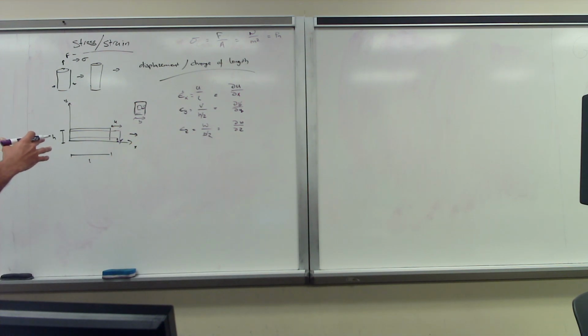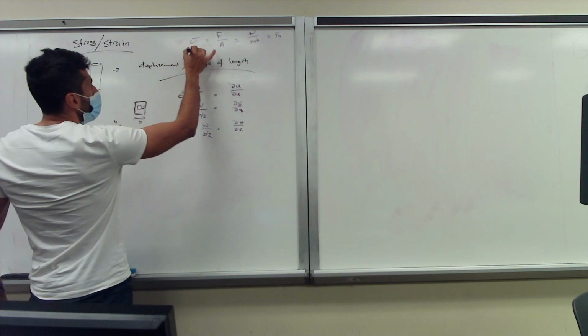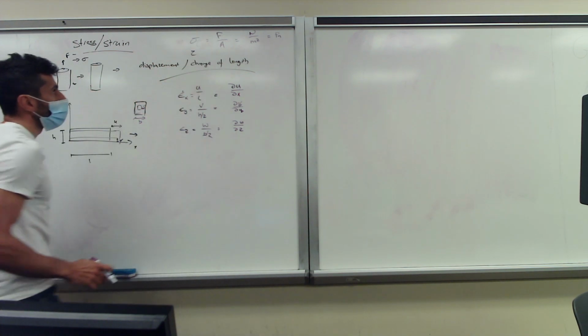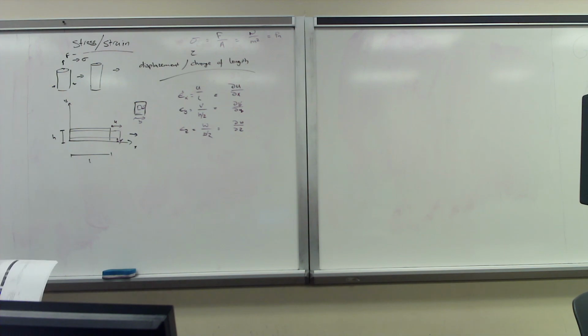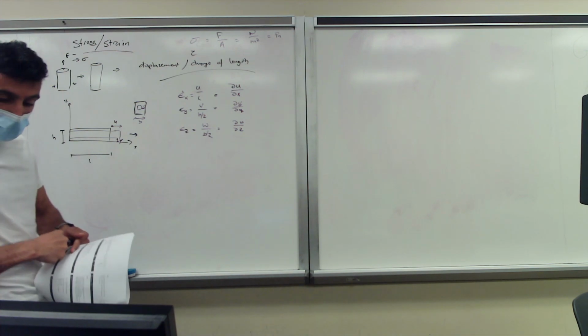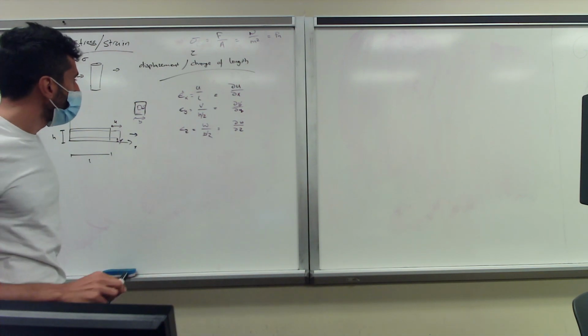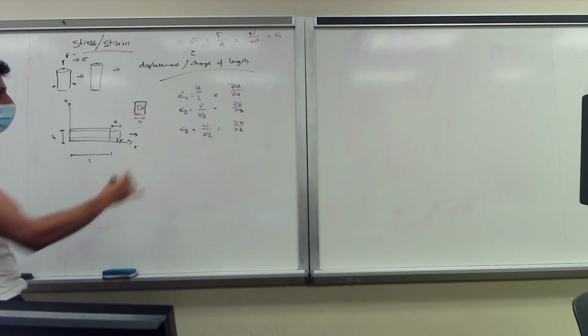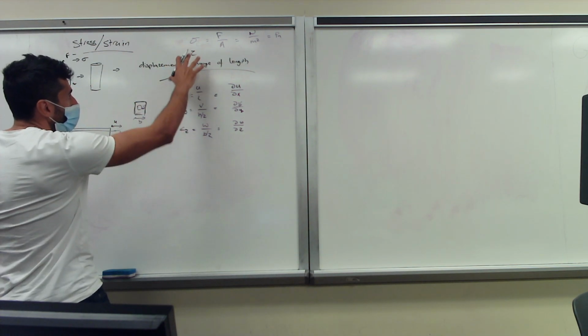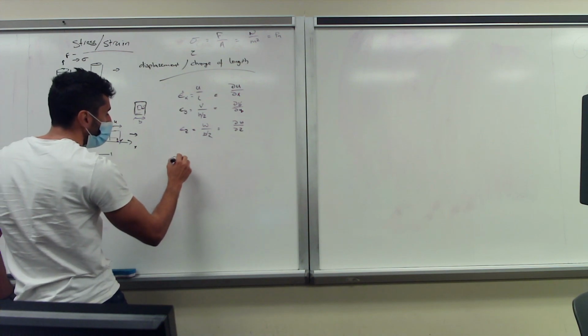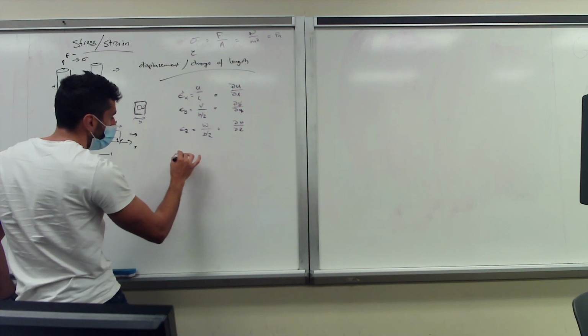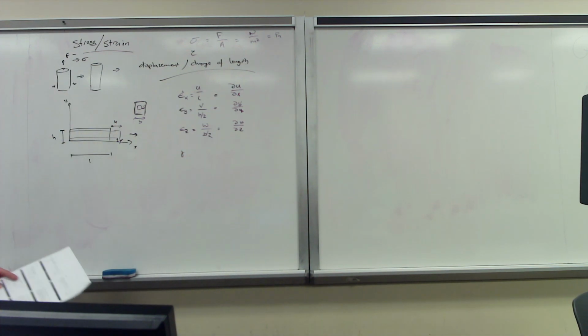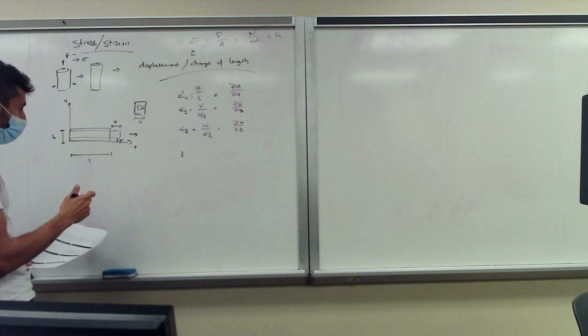But again, besides direct stresses, we also had shear stresses. Let's see what the corresponding counterparts with strains are. Similar principle: we have a shear strain, and we denote that with the letter gamma. To define shear strain, we have to look at a slightly different picture.